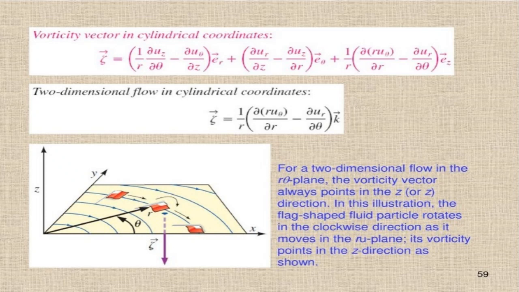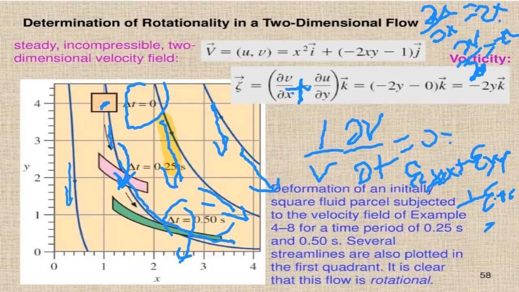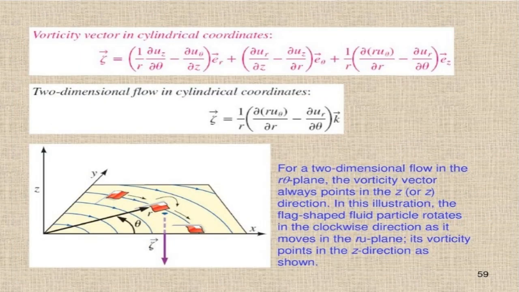This is what I said to you already, that sometimes we may need to use cylindrical coordinates depending on the velocity vector. If the velocity vector is given in Cartesian coordinates, then you can use the formulas in Cartesian coordinates. But if you are given the velocity vector in cylindrical coordinates, like u theta, the angular velocity, or ur, the radial velocity, or uz, you will have to use the cylindrical coordinates.